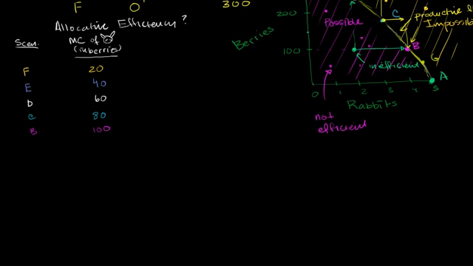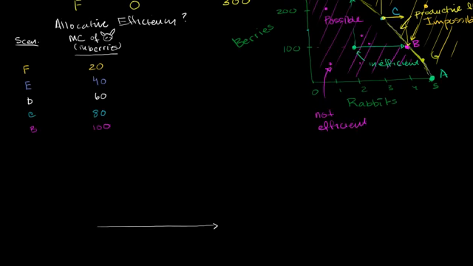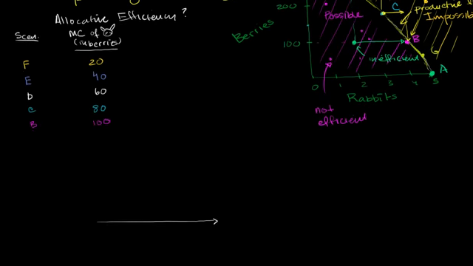This will be useful. So let me draw one axis right over here, one axis over here, and let's call this the different scenarios. So let me do it in the same order.